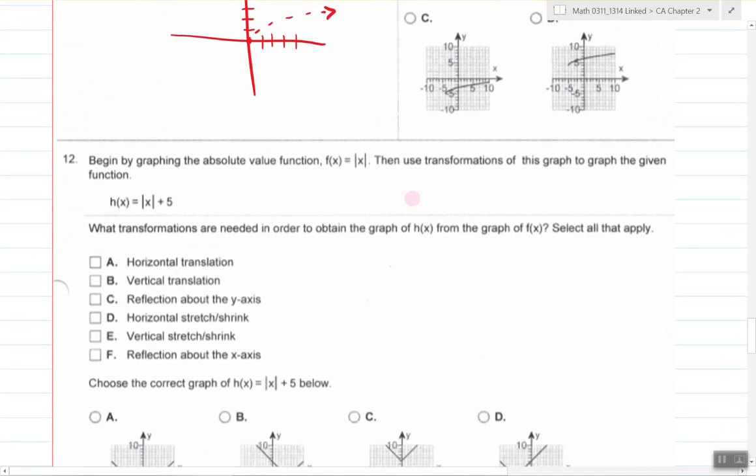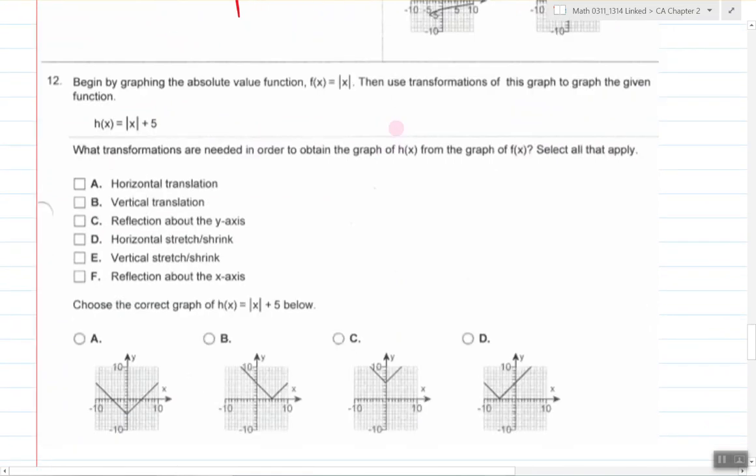Right. This one asks us a few things. It says, begin by graphing the absolute value function. So in my mind, or on a piece of paper, I know that the absolute value function is this V shape. When it says +5, I know that that's going to shift up 5, and I know it's up because it's outside of the absolute value.